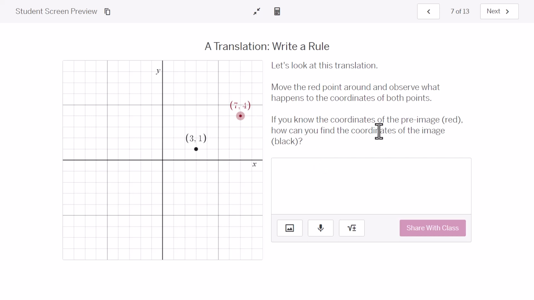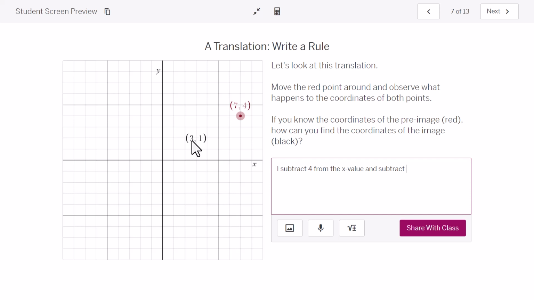So if I know the coordinates of the pre-image, I can find the coordinates of the black image by, well, I'll take the first number, the x value, and subtract 4. X value is the first number.